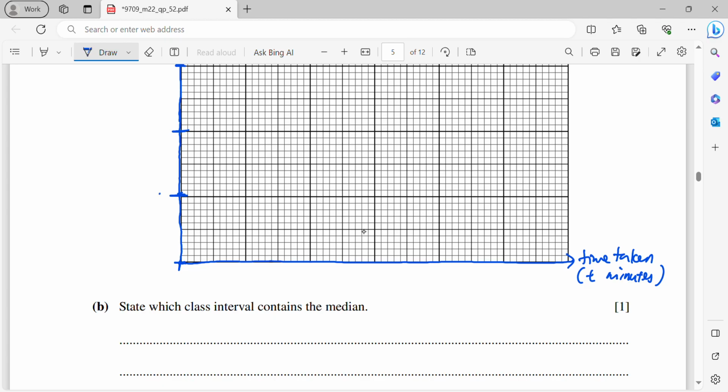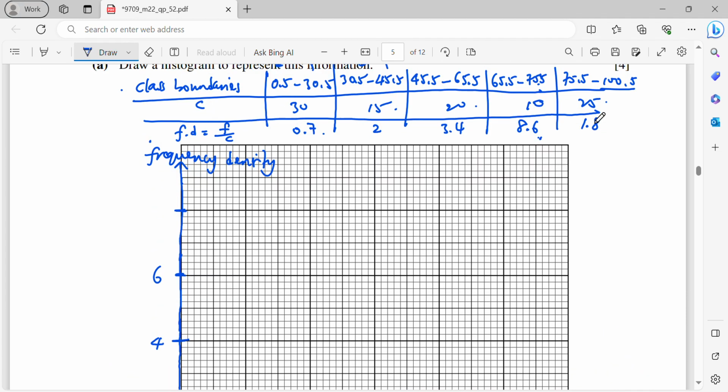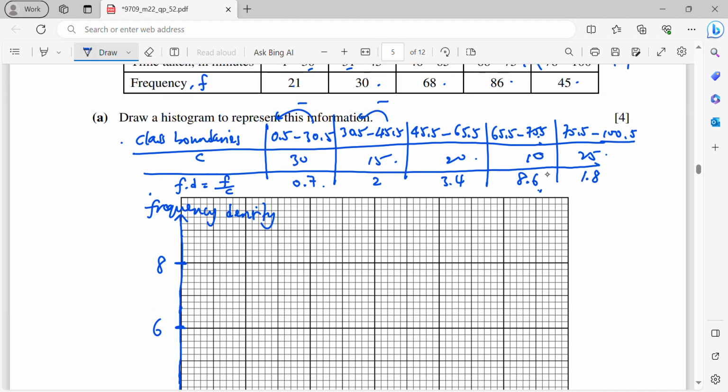So this is 0, 2, 4, 6, 8. I'd better label up to 10. Here is 10.